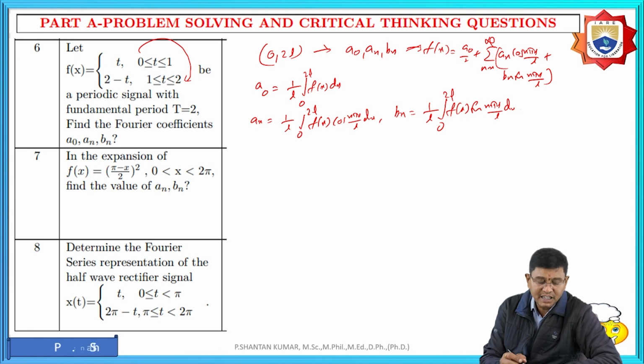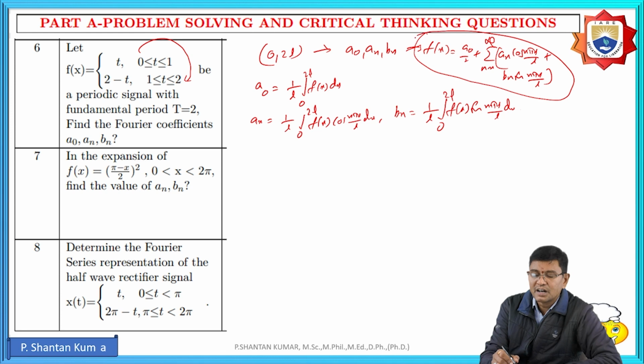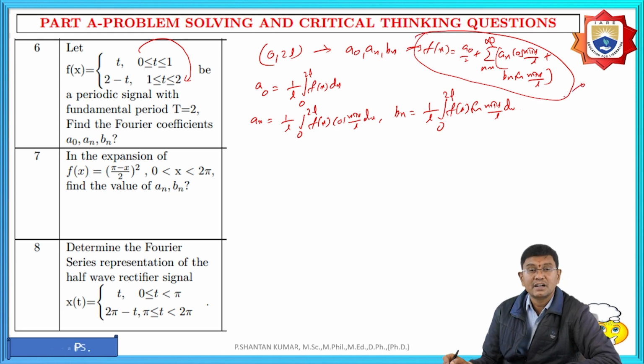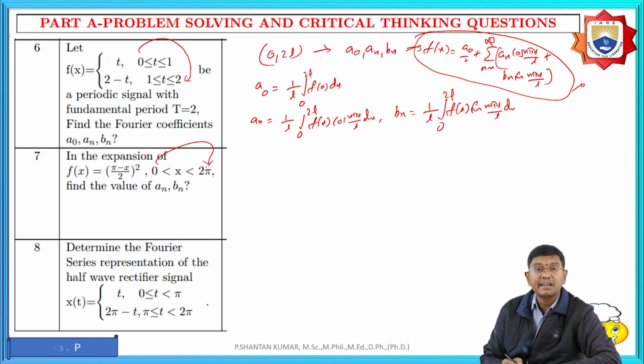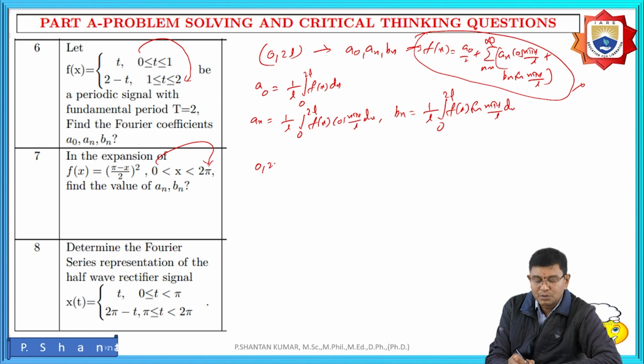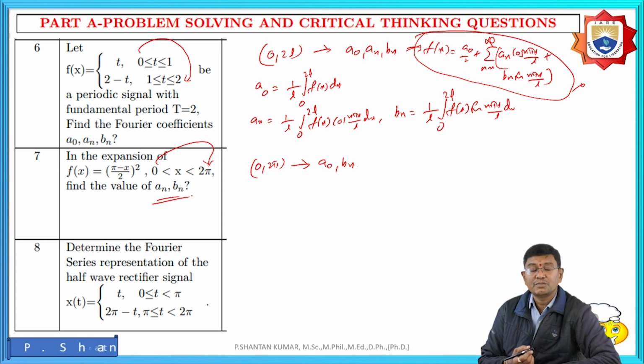Here they are asking to find out only a naught and bn, not an, and not the Fourier series or replacement in the series. The limits are clearly given as 0 to 2 pi.